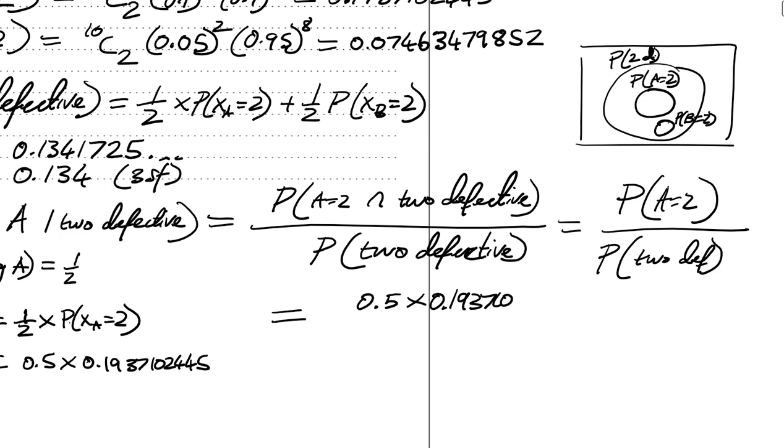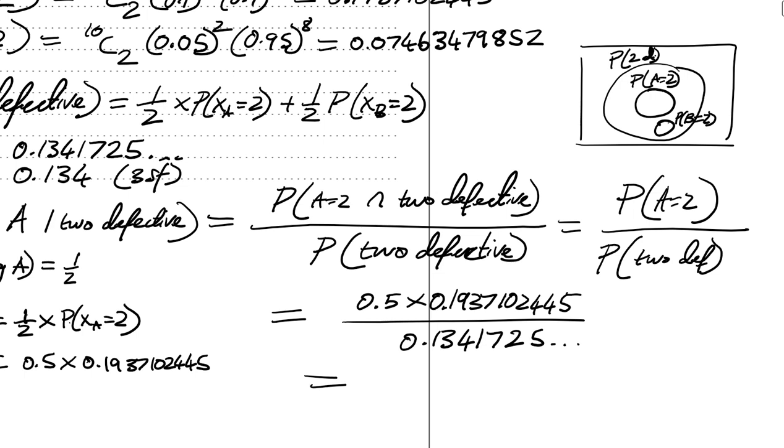But we need to be much faster in the exam. And use your stored values, of course. And that gives me, let me check, 0.5 times 0.1937102445 divided by 0.1341725.